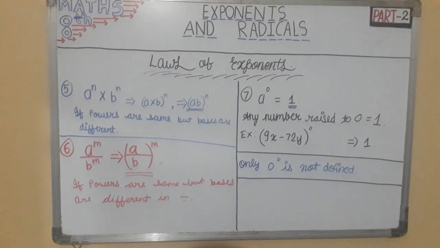Till that you only have to remember that any number raised to 0 is 1, but 0 raised to 0 is not defined. I hope you've understood all these properties, laws.